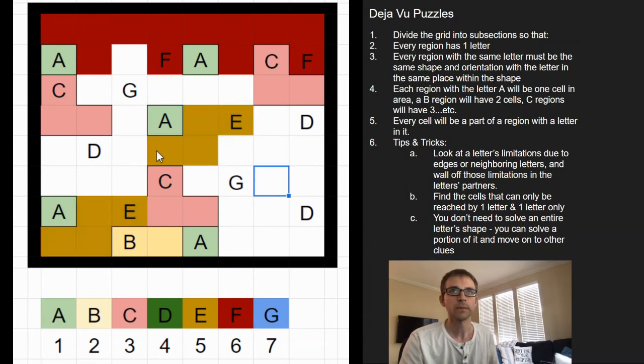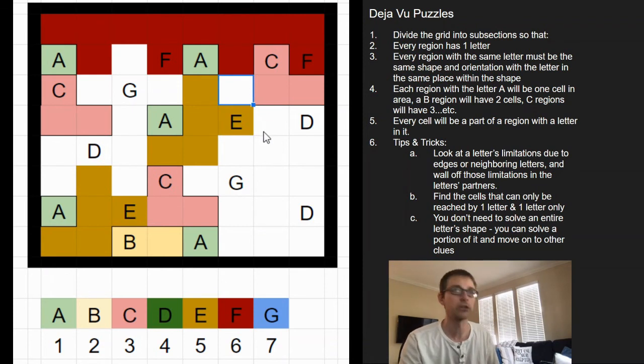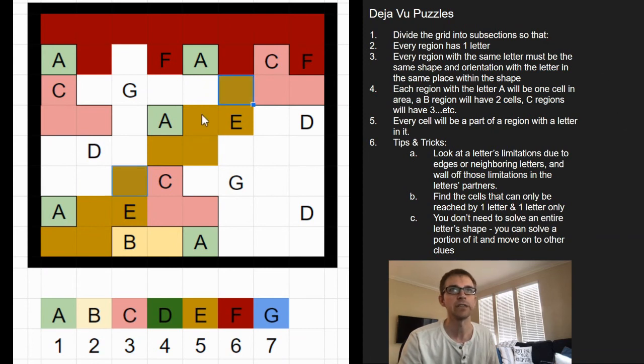So this E could have the 5th cell here like that, but then what would end up happening is you would strand this one cell here. This would be an isolated cell, so you know that that can't work. Therefore it has to be this cell, and that works because now the E has 5 cells as part of the shape. I guess that's a little Deja Vu pentomino, and so that works really well.